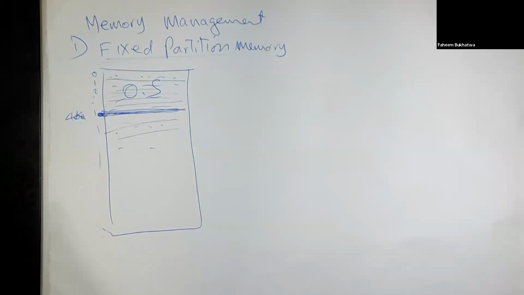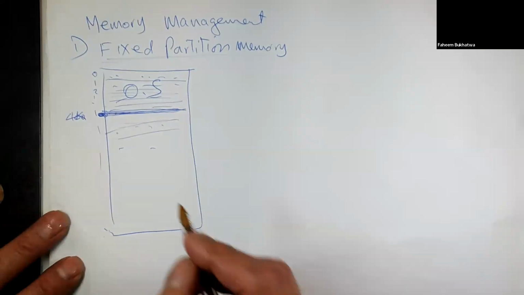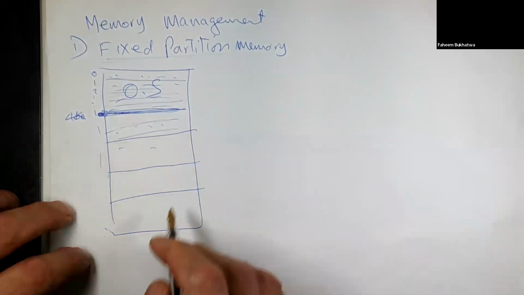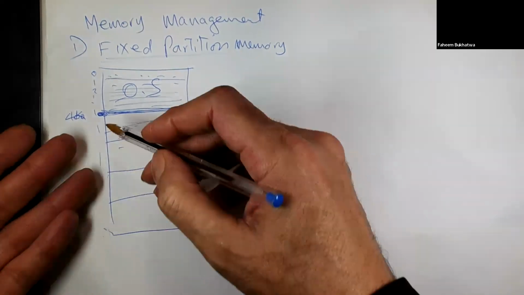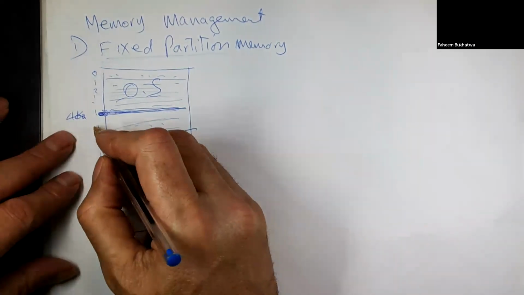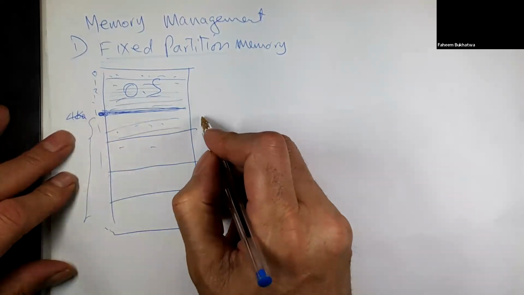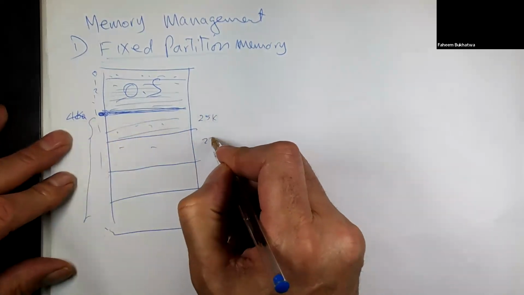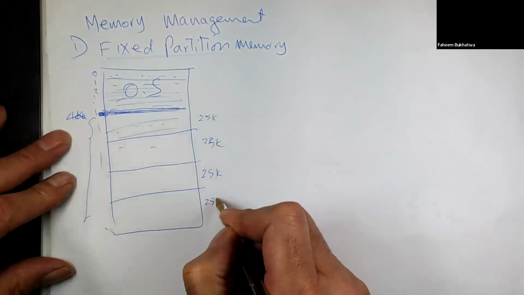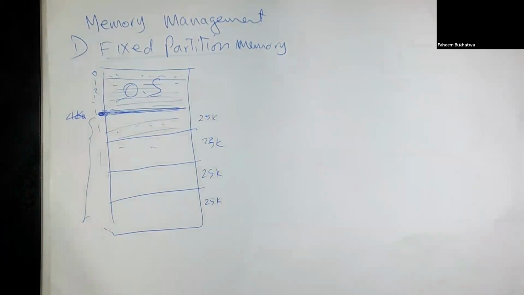Because, for example, if we just split it into equal sizes, let's say the rest of the memory is, just for argument's sake, 100K. So here's 25K, 25K, 25K, 25K. That means 25,000 bytes, for example. It could be 250,000, doesn't matter. But now we split it into equal size parts.